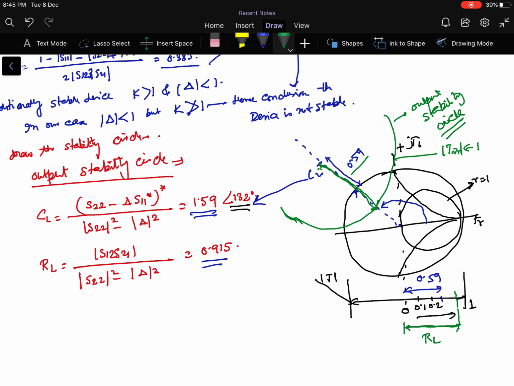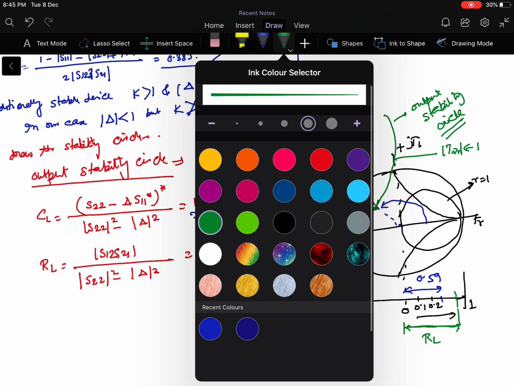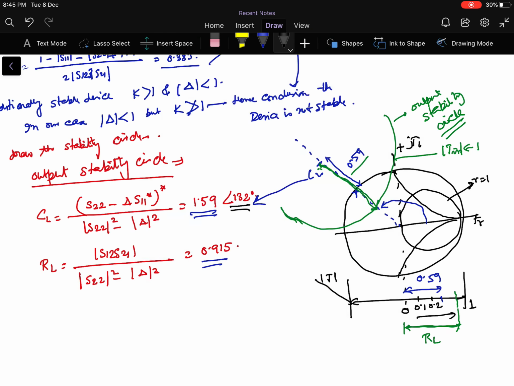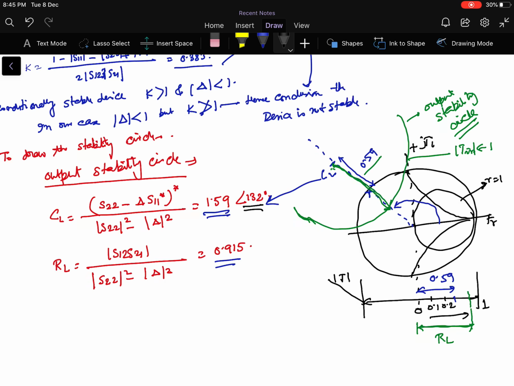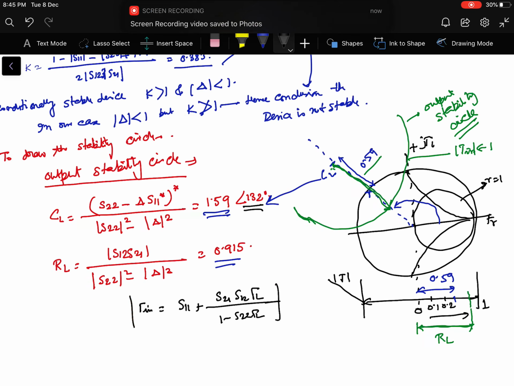I know that tau L equal to 0 is the Smith chart origin. So like my last class, I will repeat that fact. Tau in was S11 plus S21 S12 tau L divided by 1 minus S22 tau L. Probably this was my formula, and tau L I have put as 0.